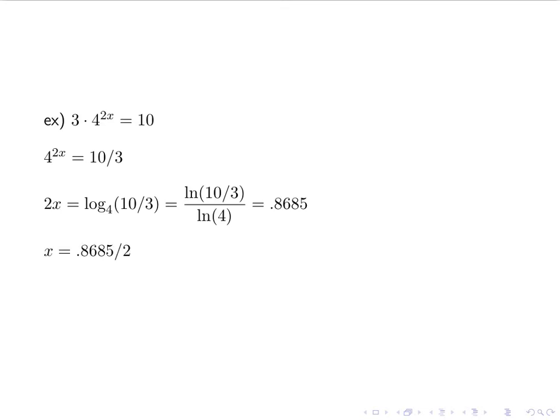So to get x, divide both sides by 2, and you get 0.434. So notice in the middle of my problem, I did 4 decimals, but at the end I did 3. So I'm going to do 3 decimals for all my final answers, but if I'm ever in the middle of a problem, you always need to do more decimals. So I'm going to do at least 4 if I'm in the middle, and then round to 3 at the end.